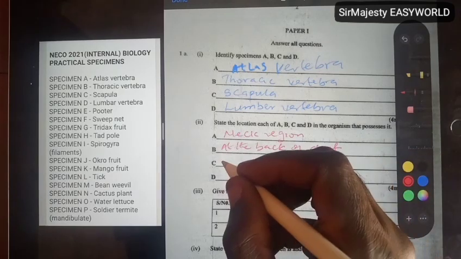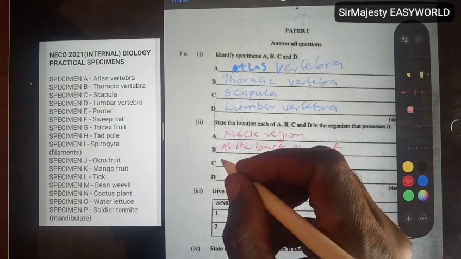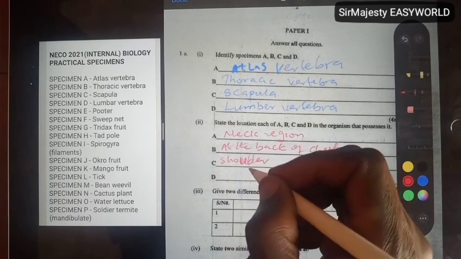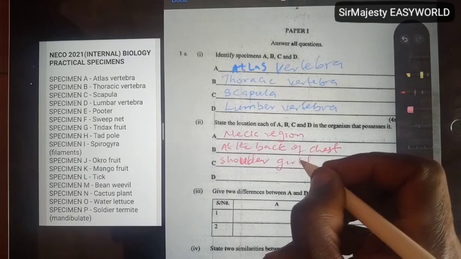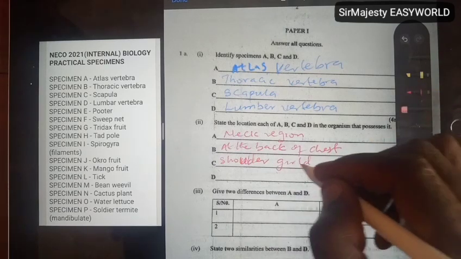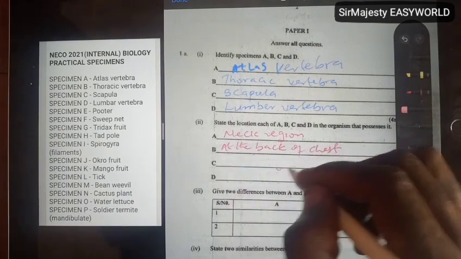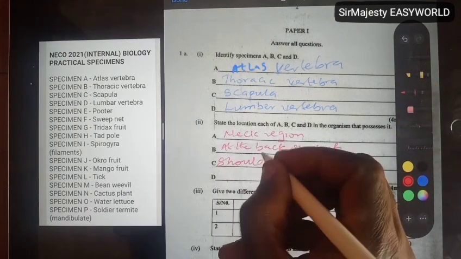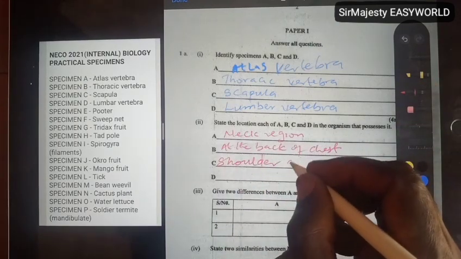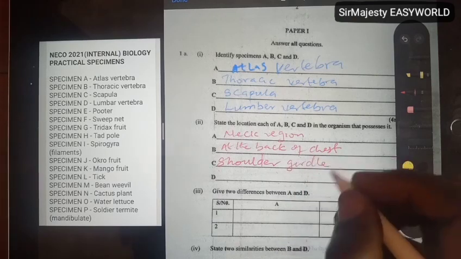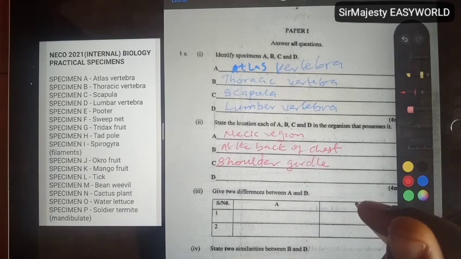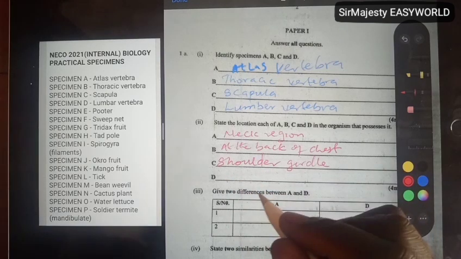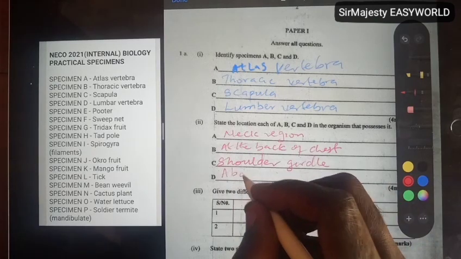Then C, scapula, is located in the shoulder girdle, or in the upper limbs. Then D, lumbar vertebra, is located in the abdomen.